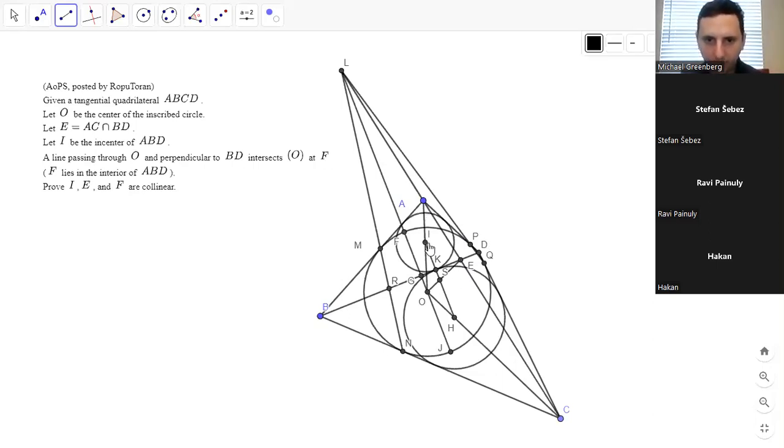What if I project FI and E through A onto OC? If those were collinear, we could do that projection.